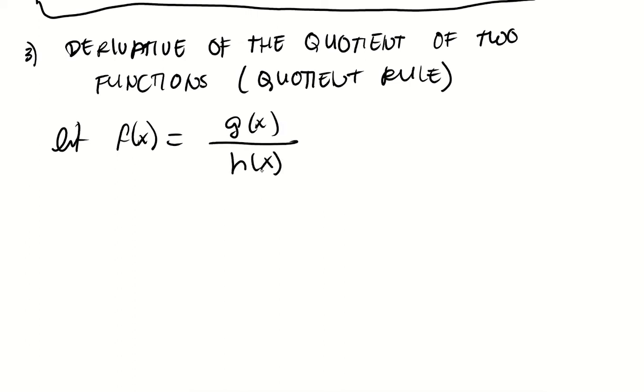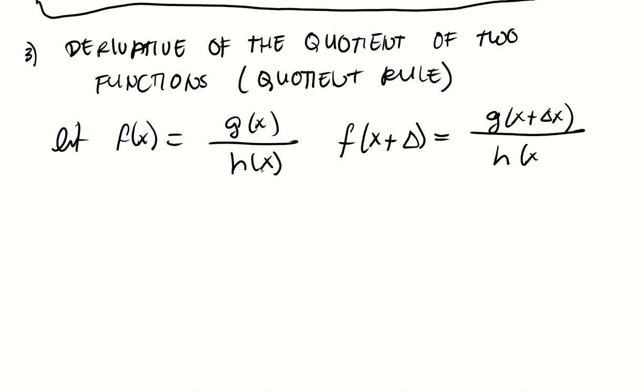over h of x. And before we continue, we again first need to determine what is f of x plus delta x. So this will be g of x plus delta x all over h of x plus delta x. And we can now take the limit.